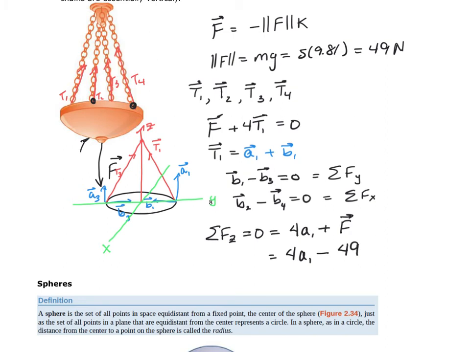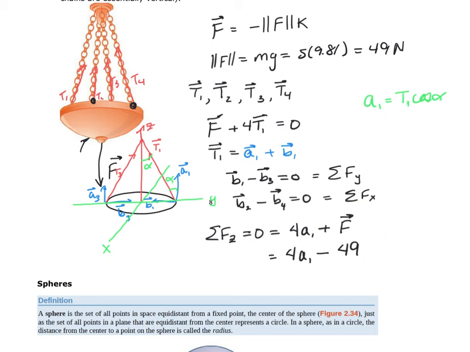Now A1, the way I've drawn it, can be written in terms of the sine and cosine of the angle formed. So let's call this angle right here alpha. If that's the angle alpha here, then this is the angle alpha here, which means that it's not going to be sine, it's actually going to be cosine. So I'm going to replace A1 with the tension in that direction times the cosine of my angle, which is alpha.